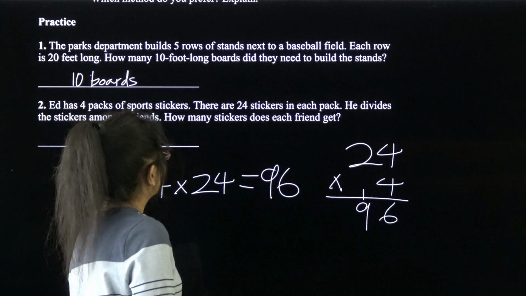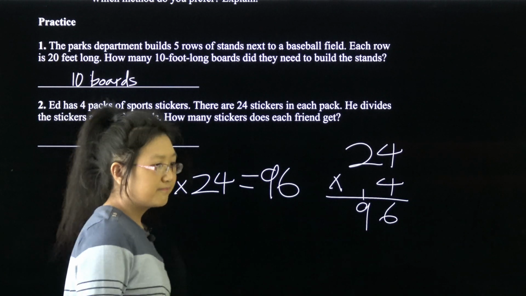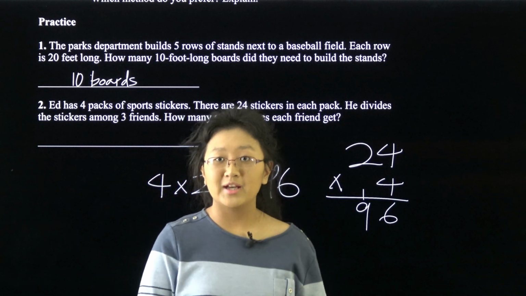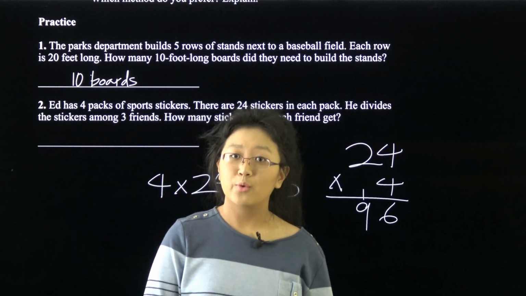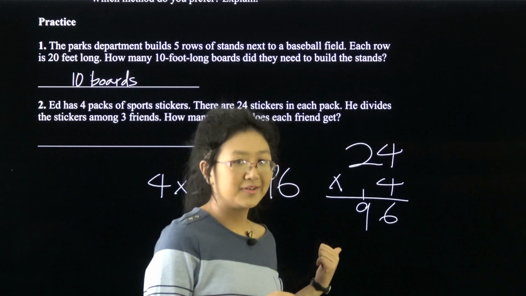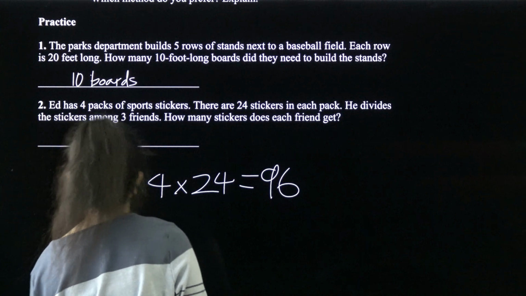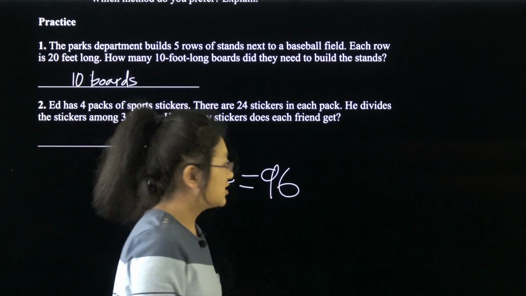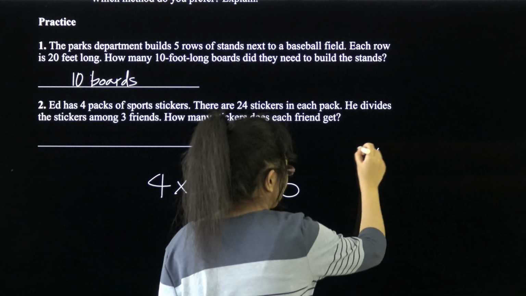He divides the stickers amongst 3 friends. How many stickers does each friend get? Then you're going to have to make sure that you circle 3 portions with an equal amount of stickers if you're drawing this. So do yourself another favor and do some good old-fashioned division. Now you may be wondering, how can I do division for this?